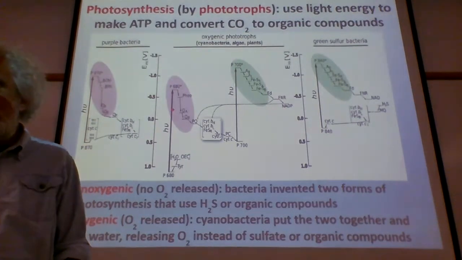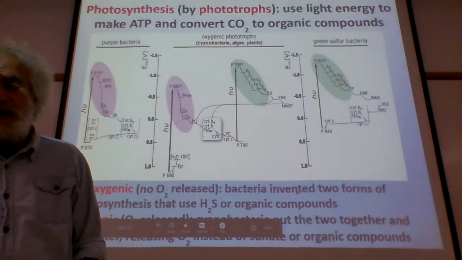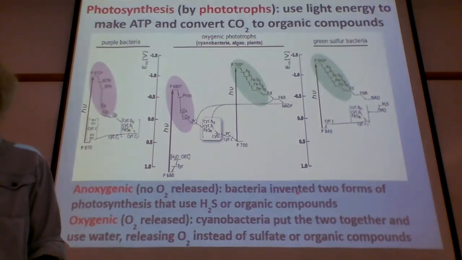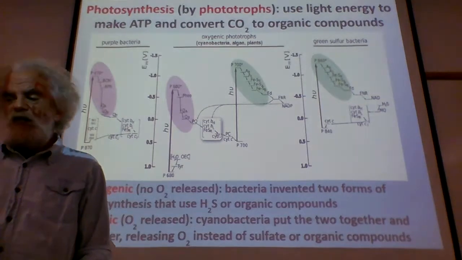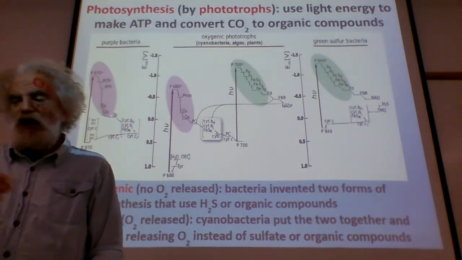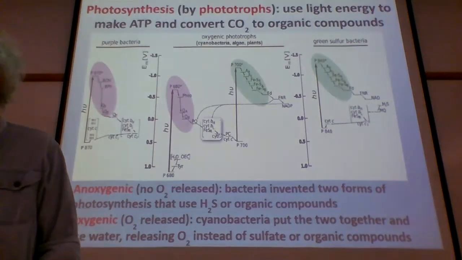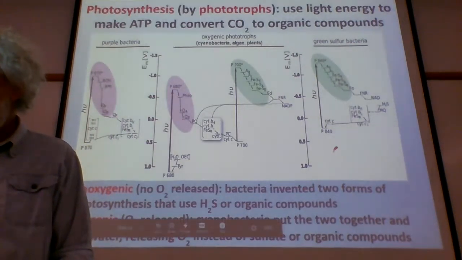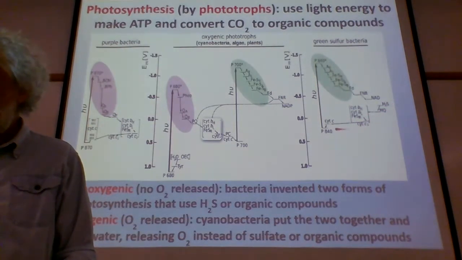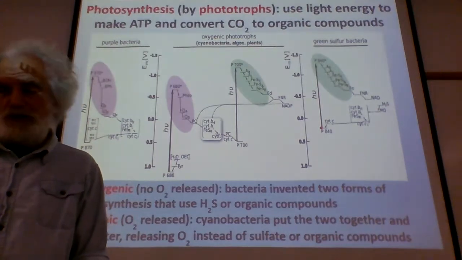Now, there are bacteria that are called anoxygenic, and they don't use oxygen. They use hydrogen sulfide and other kinds of organic molecules. And so we've got a couple of different kinds of systems here. What you're looking at is where the electron is coming from. That's the really important point.